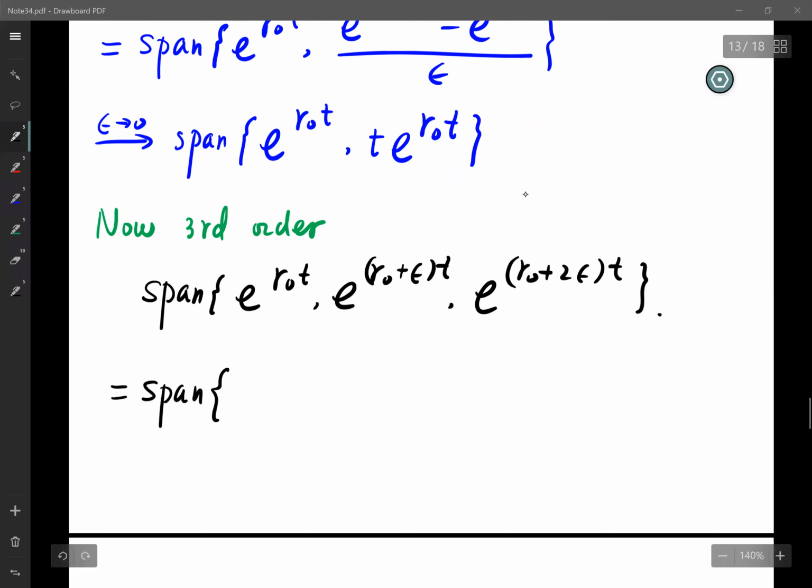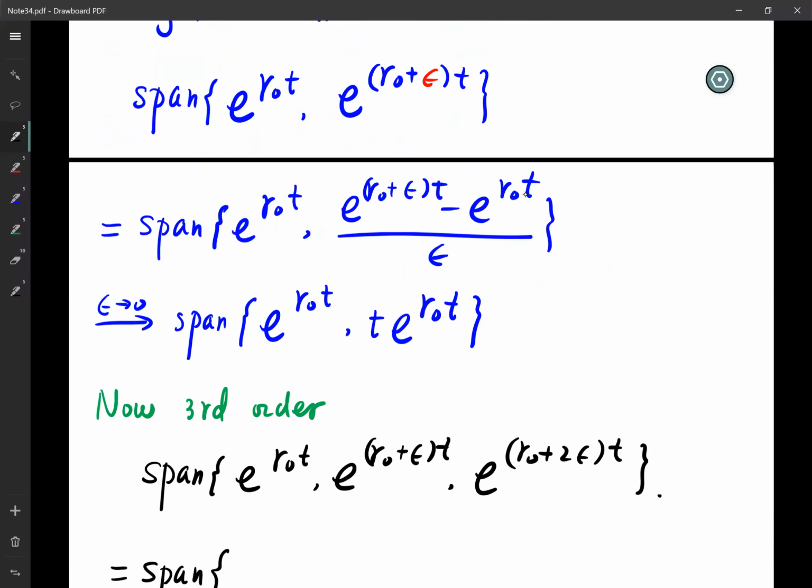The question that I have is, when epsilon goes to 0, just like a little bit above on your note, shouldn't the span be e to the power of r0 t, comma 1 over t, since the e's will get canceled out? Sorry, 1 over t? Why 1 over t? Since when epsilon is equal to 0, wouldn't it be e to the r0 t minus e to the r0 t over t? No, it's multiplied. The exponentials will cancel out.